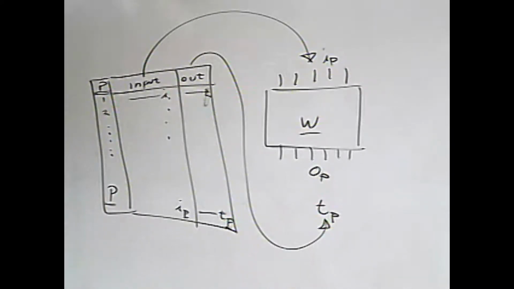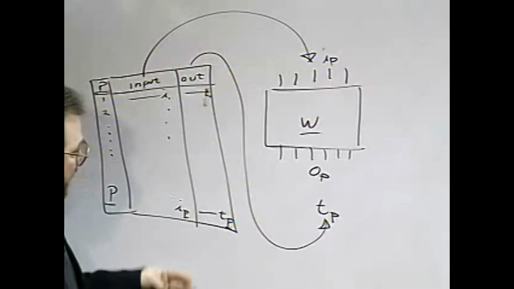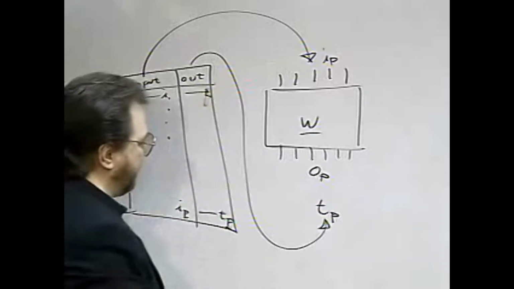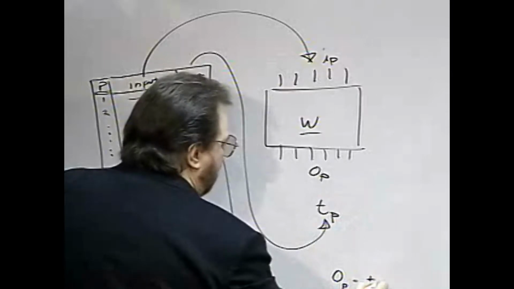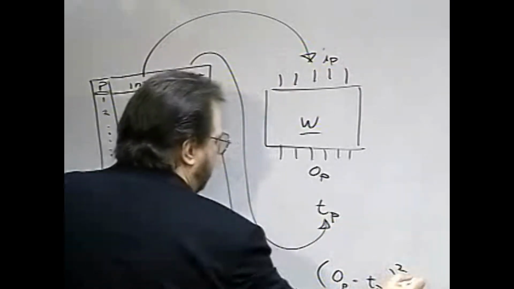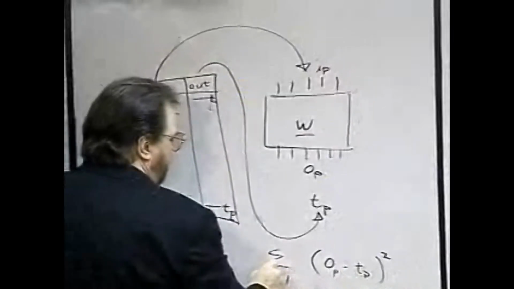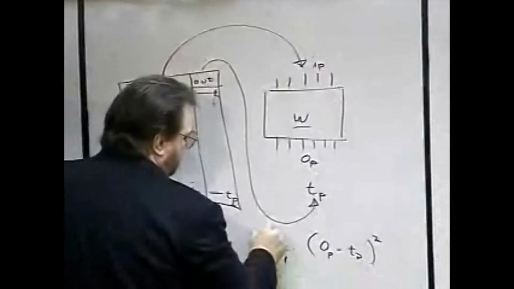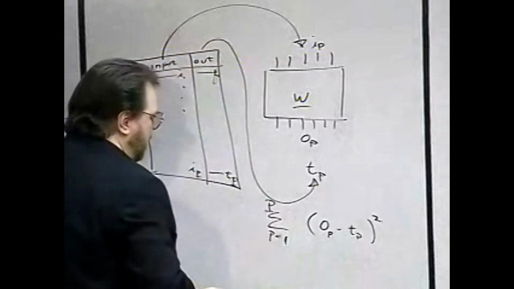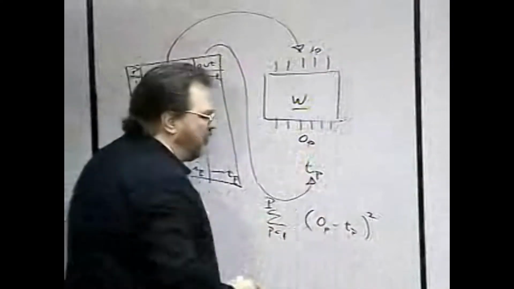The entire idea of training the neural networks is to determine the input-output relationship that gives you a good result. Now, the way we do this is we take the output minus the target and make an error out of it. We square it, and we sum this over all values of P, from P equals 1 to big P. However, notice there's a bunch of outputs here.